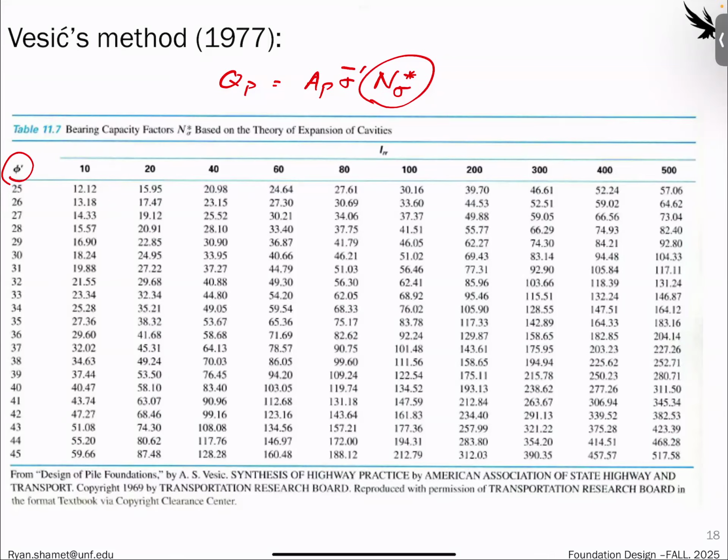What you see is that this is from Synthesis of Highway Practice by the American Association of State Highway and Transportation Officials, which is AASHTO. So AASHTO does use this, and they were the ones who initially started this.